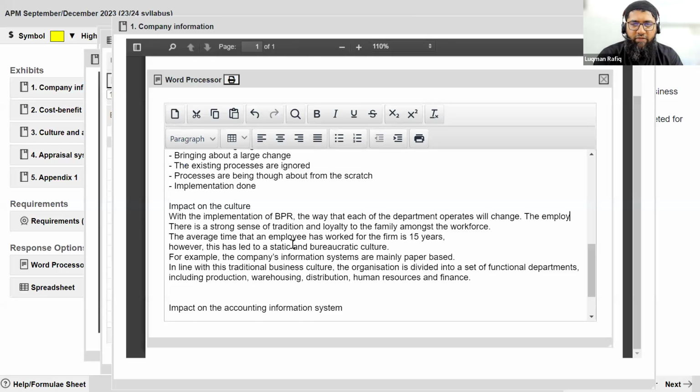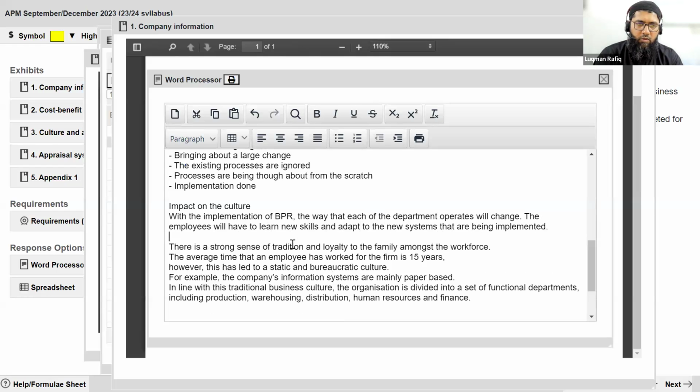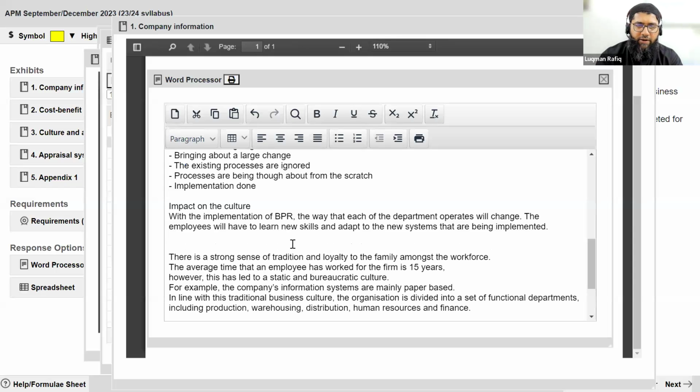The employees will have to learn new skills and adapt to the new systems that are being implemented.